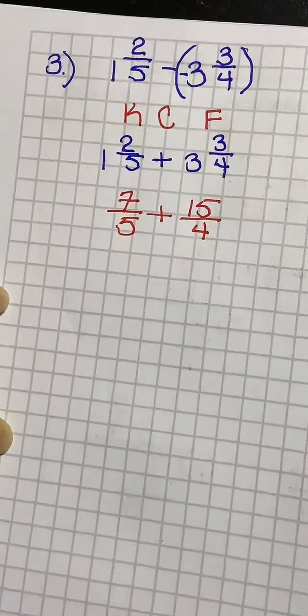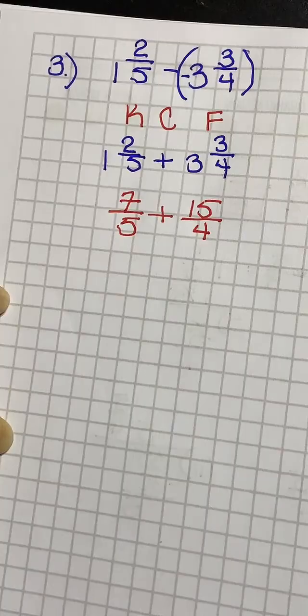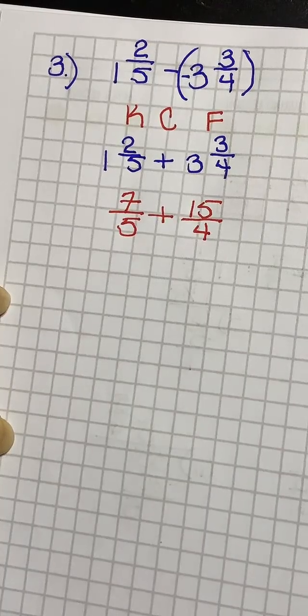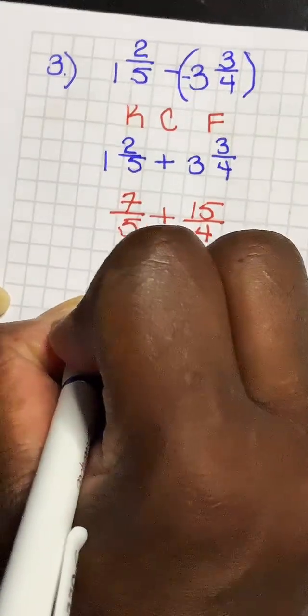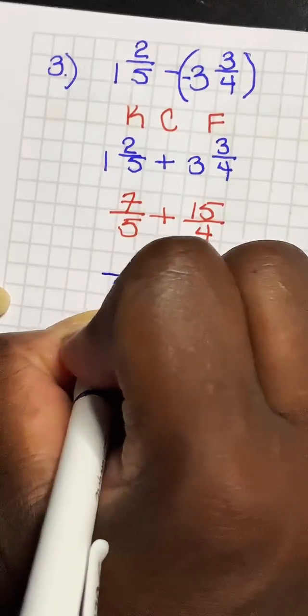So we need a common denominator. What is the common denominator? Thank you, Mia. What we got? 20. There we go. Christian. 20. Good. Okay. So we definitely need to change these denominators to 20.